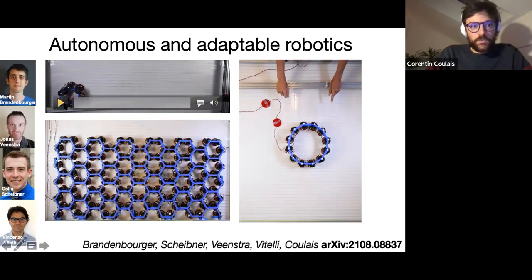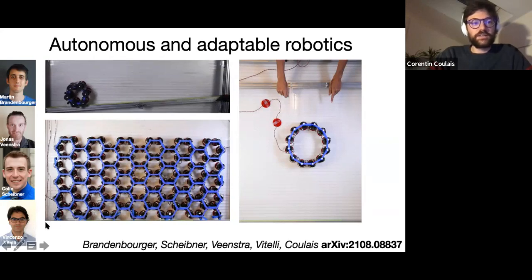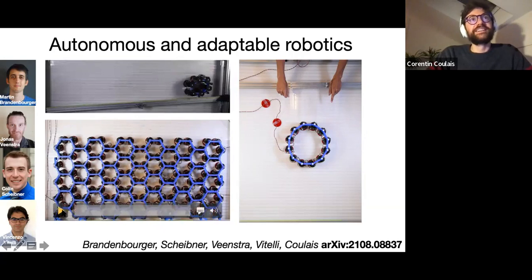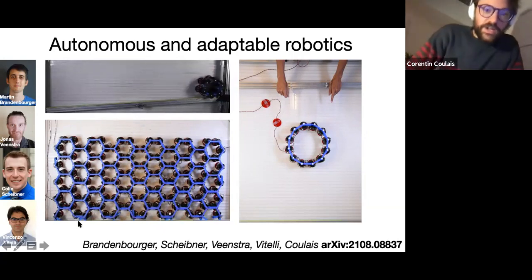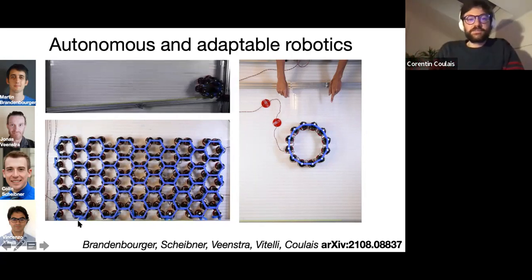And in all these examples I'm going to show you here, we have some manifestation of this non-Hermitian skin effect. And what you see here is that you can use that potentially to make a robot, basically you can reinvent the wheel. So instead of having a static wheel that you drive externally, you have some form of wheel that is self-sustained and rolls autonomously.